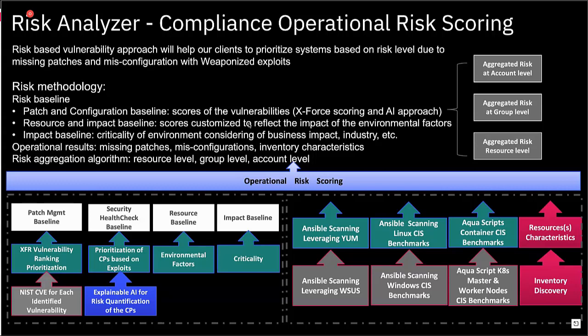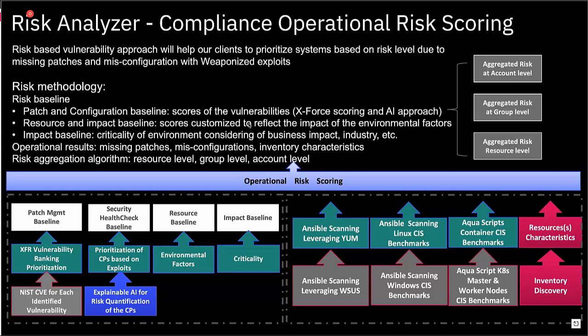We also leverage an AI approach we developed, because there is a lot of vulnerability knowledge in the market or in the community about patch management, but not a lot of data about the compliance policy control points. So we use transfer learning to leverage the knowledge from massive data in one domain into another domain. So that's the policy baseline we established.